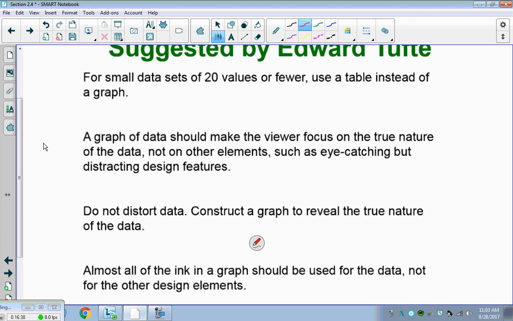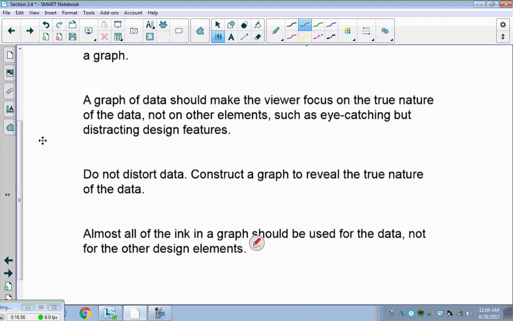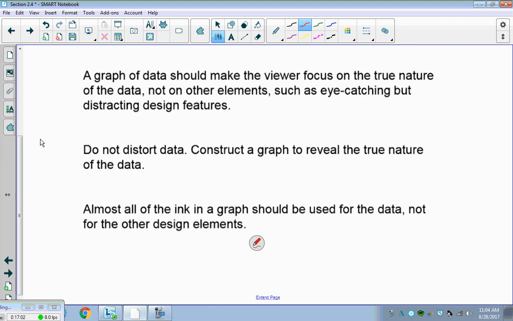Many times they try to make them cutesy or have something representing something, and it doesn't necessarily give us a good design. Don't distort the data, like the one that we saw for the miles per gallon, that would be a big distortion. And as he says, almost all the ink in the graph should be used for the data, not for the other design elements. Don't make it crowded. Don't make it busy. Okay?